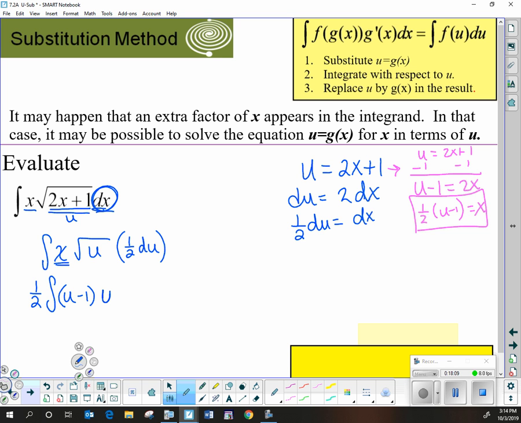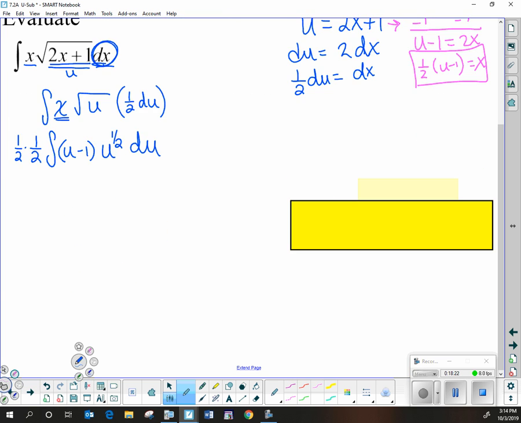Let's write the radical u as a rational exponent. And let's take this extra 1/2 out front so that we have just du there. This will give me 1/4. You're like, but I've got a multiplication. I know you do.